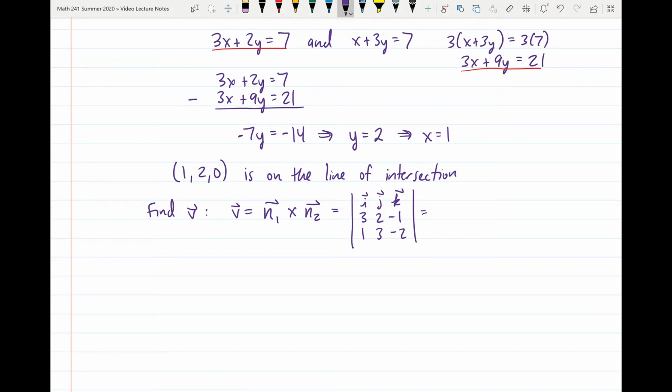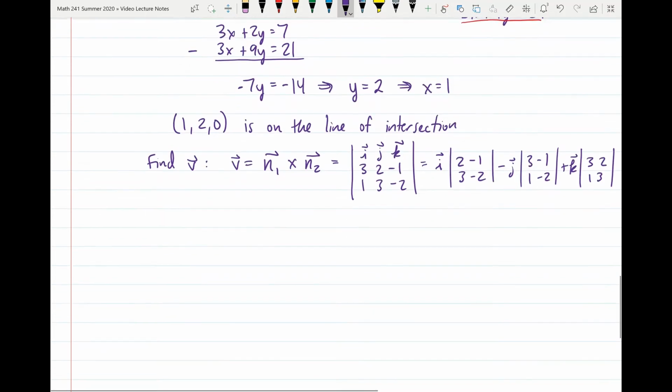So let's calculate this determinant. We have i times the matrix (2, minus 1; 3, minus 2), minus j times the matrix (3, minus 1; 1, minus 2), plus k times the matrix (3, 2; 1, 3).